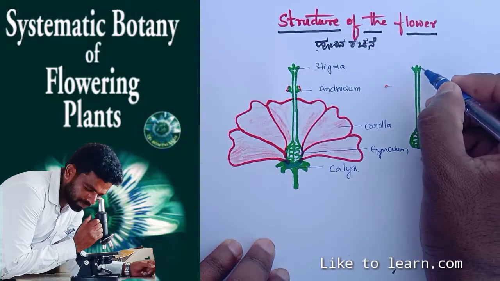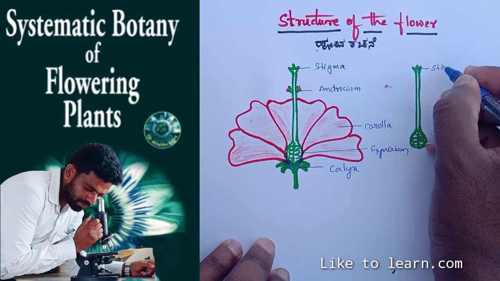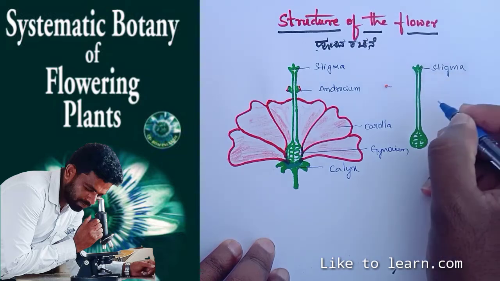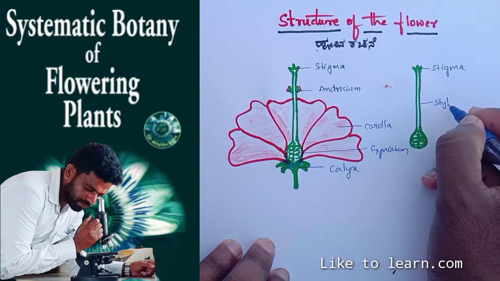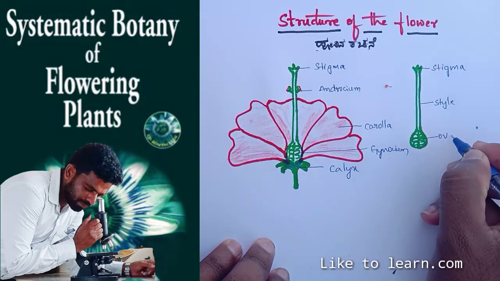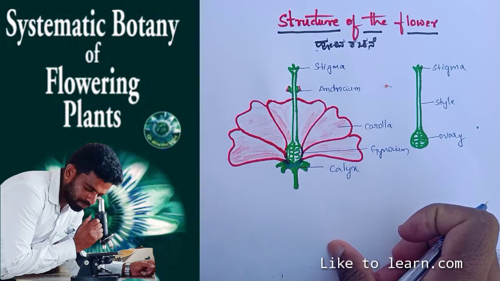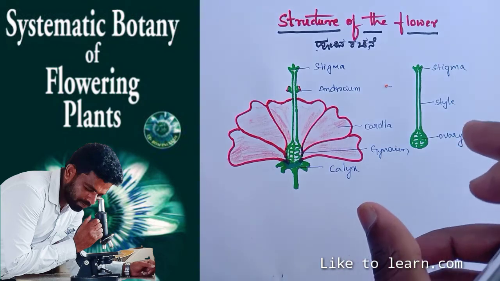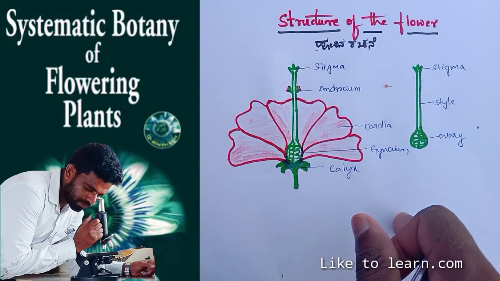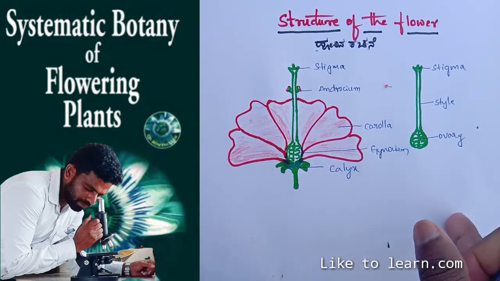Carpel consists of mainly 3 parts, that is stigma, style, and ovary. We already know that whenever sexual reproduction occurs, we have to observe both male and female gametes.